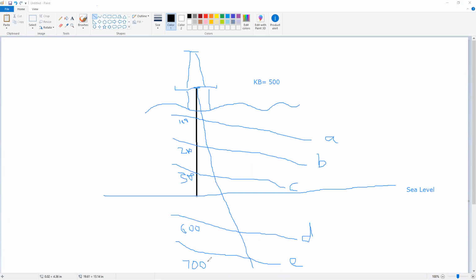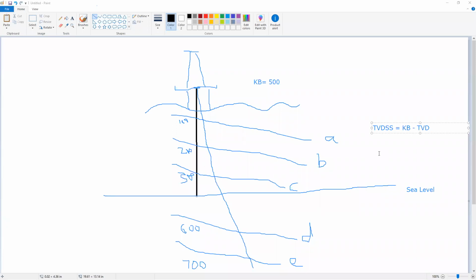Now I'm going to calculate the TVDSS for formation A. I mentioned that if you are going to calculate the TVDSS, then you need to use the algorithm KB minus TVD.